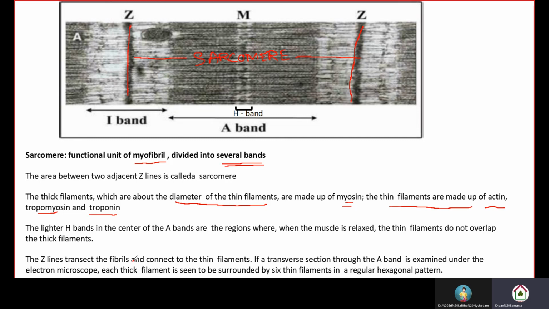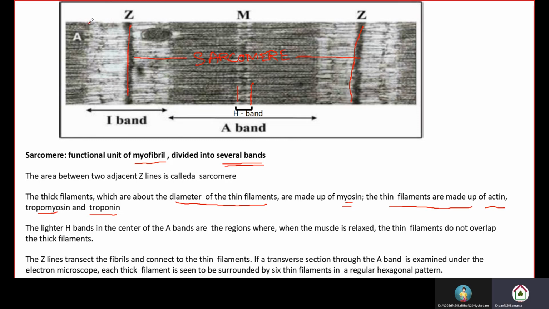Okay. So next we got H band, the lighter H band. This is the H band, this and this, and in the middle of the H band, that is M band. Lighter H band in the center of A band.